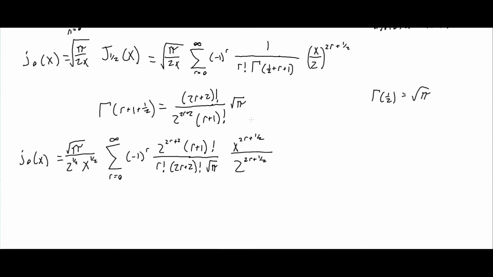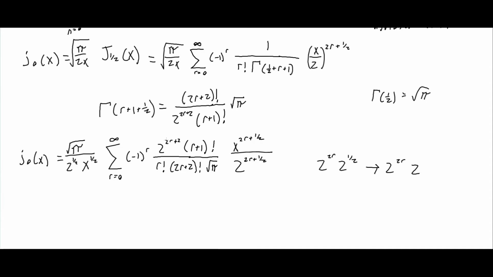What we will see is that this 2 here could be written as 2 to the 2r times 2 to the 1/2. This 2 to the 1/2 times this 2 to the 1/2 will make it into 2 to the 2r times 2.